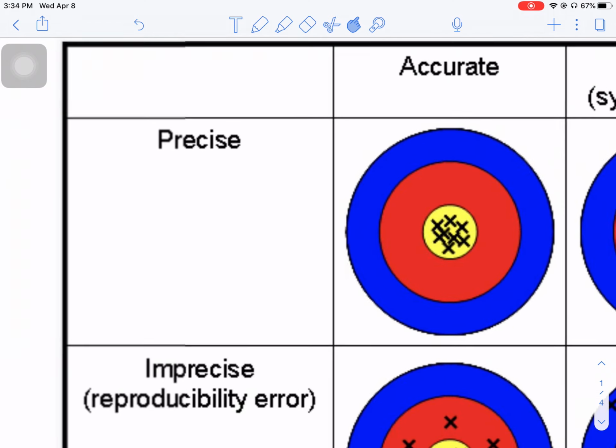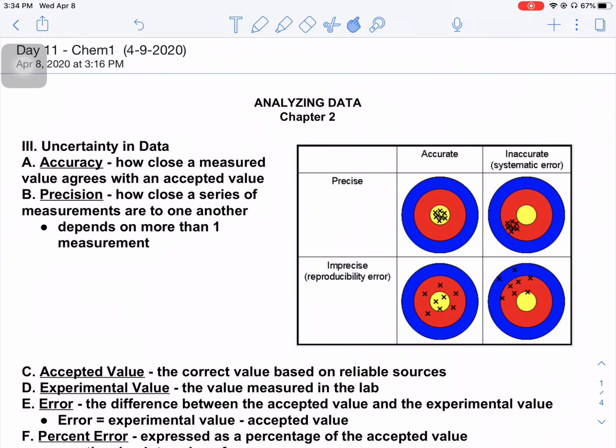Now, we can also use accuracy to describe numbers. So let's say we have a number, and let's say our value for pi. We know that the accepted value for pi is 3.14159, and pi represents the ratio of the circumference to the diameter of a circle. Now, let's say experimentally we come up with the value of 3.37.